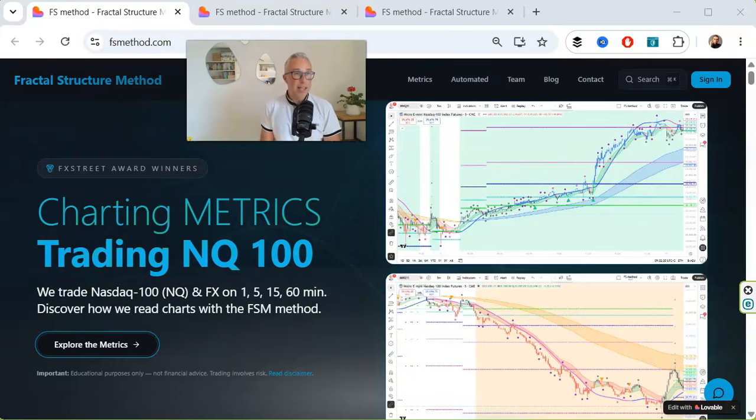But I like the Nasdaq 1/5 minute chart. So yeah, I'm using my FS method, fractal structure method, with ET zones, fractals, moving averages, candles, and time patterns on TradingView, Nasdaq 1/5 minute chart, using funding firm capital.